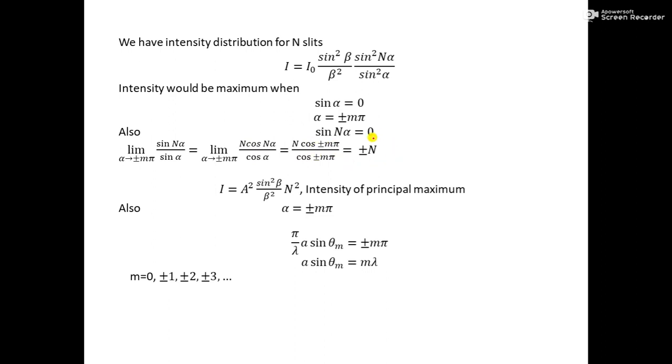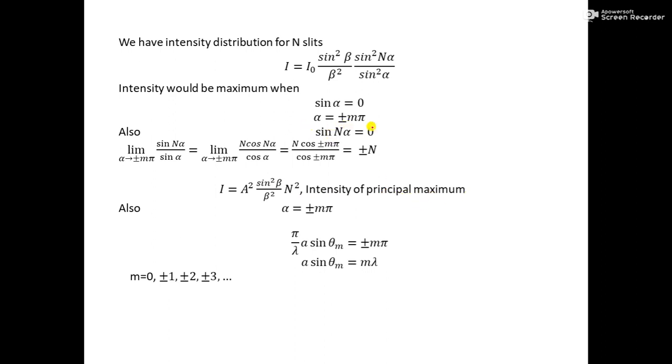So this comes to plus minus N. So the expression for intensity distribution can be written as I equal to A square, if A is a constant, sin square beta by beta square into N square. So this is the intensity of the principal maximum, because we have considered that the intensity would be maximum.